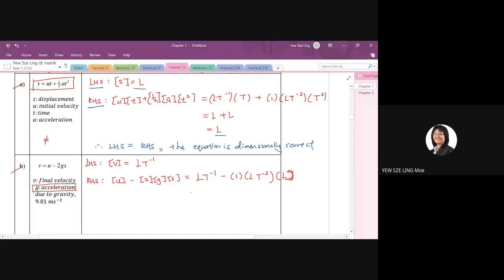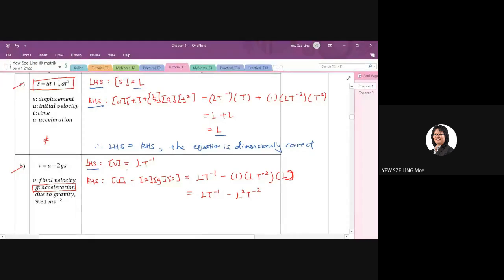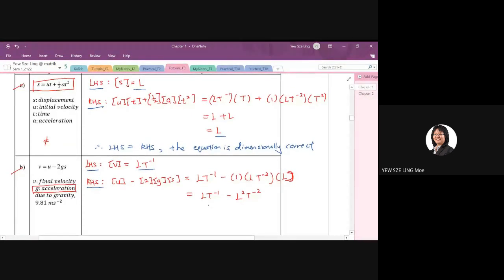So you have LT negative 1 minus, now this one you have an L and then you have L, so it becomes L square T minus 2. So obviously, the left hand side and the right hand side, they are unequal.